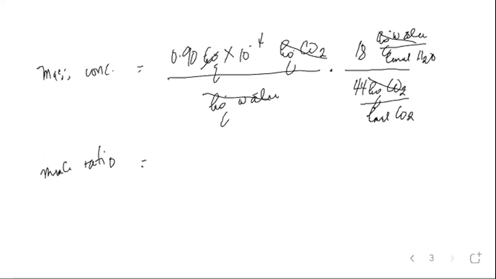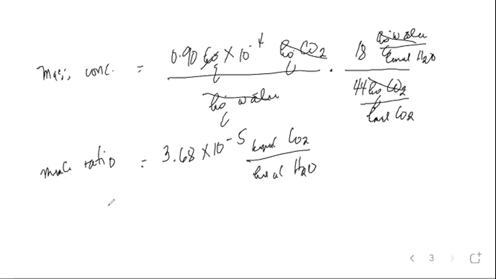We multiply it by 18 and we divide it by 44. So you'll have an answer of 3.68 times 10 raised to negative 5. Your unit would be kilomole CO2 per kilomole water. So this means that you have, for every 1 mole of water, this much of mole of CO2.